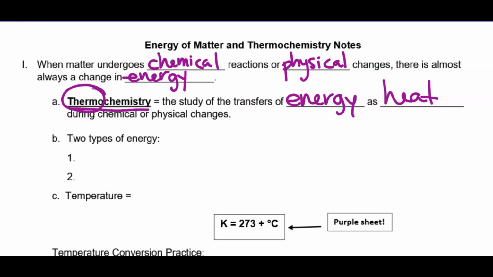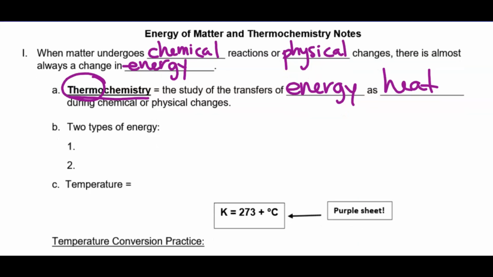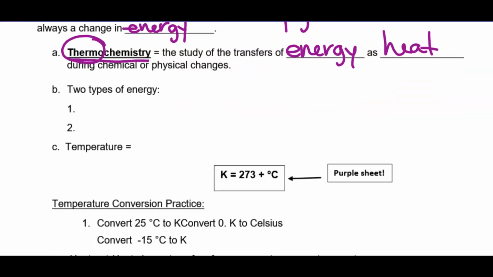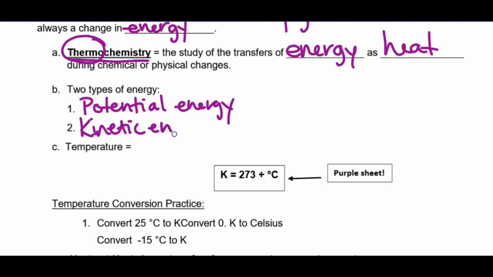So we'll do a little review here from middle school on our two types of energy, which are potential energy and kinetic energy. We can abbreviate potential energy as PE and kinetic energy as KE.